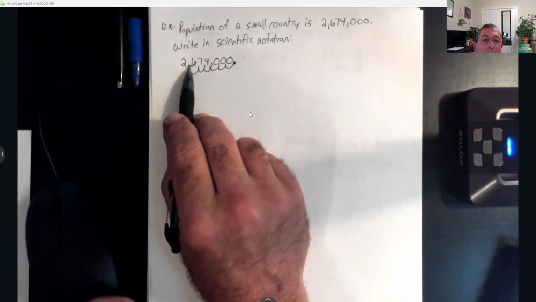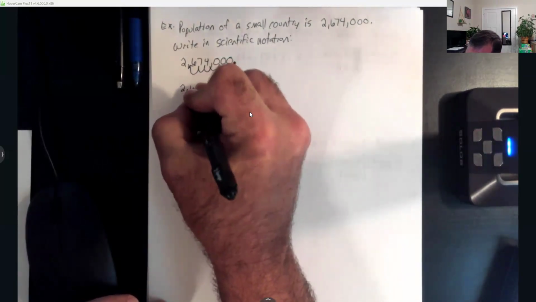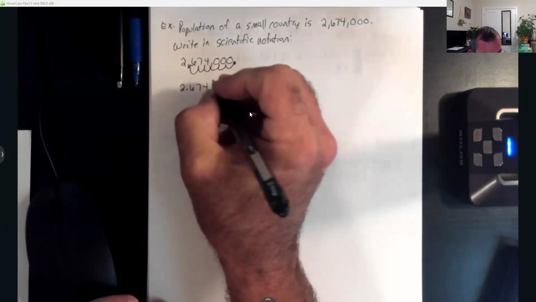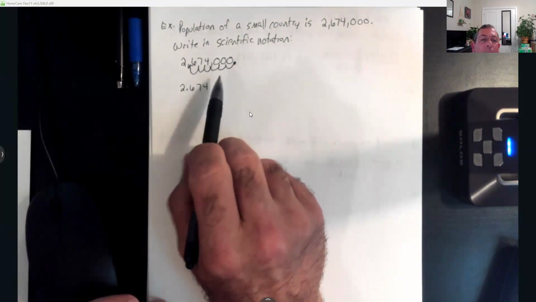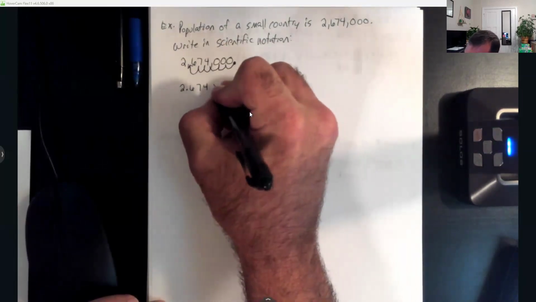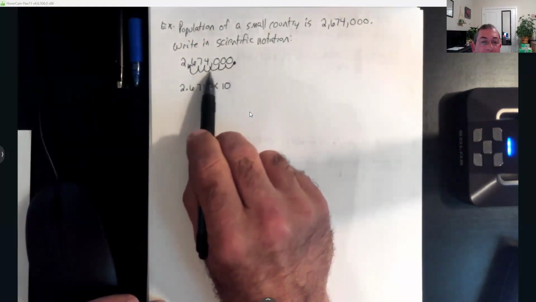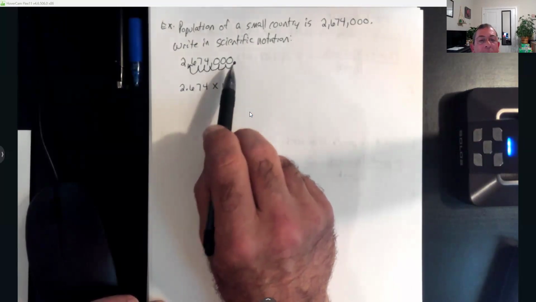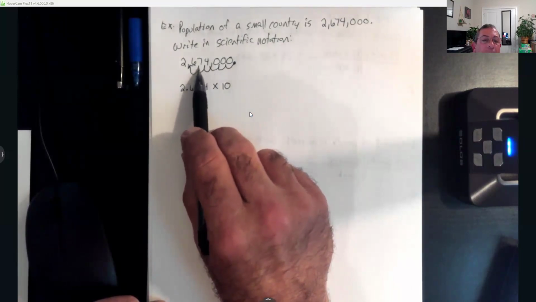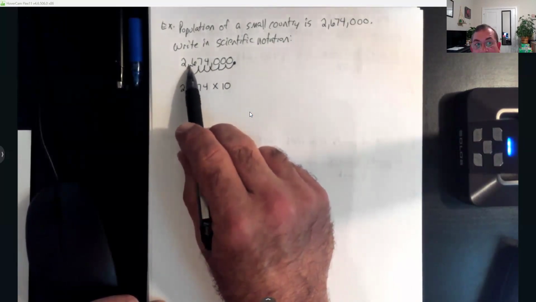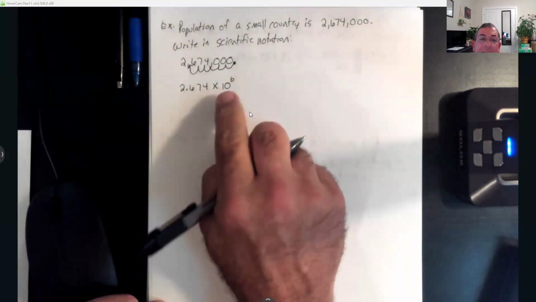So we put the decimal behind the 2. That gives us 2.674. We don't have to write all these zeros since they're after the 4. And then we put times 10, because remember, we're moving by powers of 10. The exponent equals the number of times I had to move left. I moved it 6 times to get it behind that 2, so my exponent is 6.